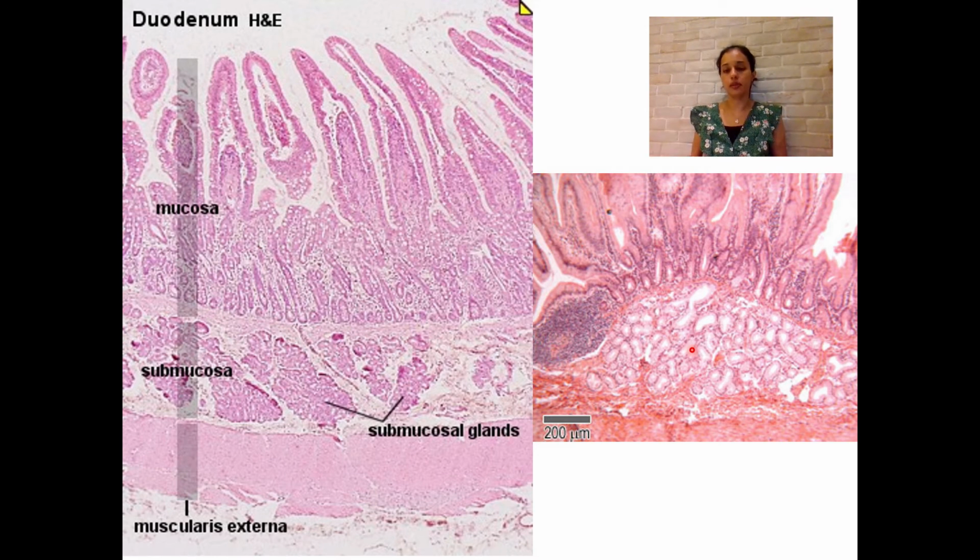That's why you have mucosal glands in the submucosa, the Brunner's glands, so that the pH is maintained and there won't be any damage to the surface epithelium of the duodenum. That's why I told you the microscopic features always link to the function of that particular organ.